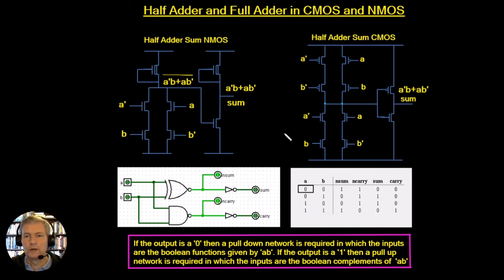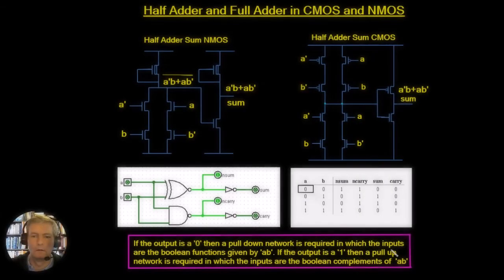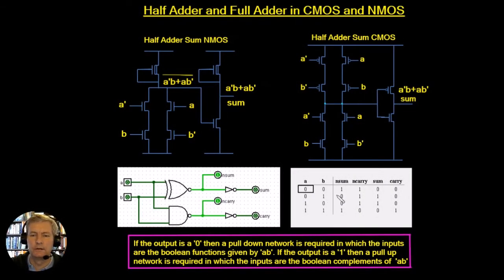Now we're also going to have the pull up network, and you can see here that if the output is a value of 1, then we're going to need a pull-up network, in which the inputs are going to be the Boolean complements of A and B. Let's see how we're going to generate that. In this case, the output is 1 here and the output is 1 here. In order to generate this one, we're going to have to take the Boolean complements of these.